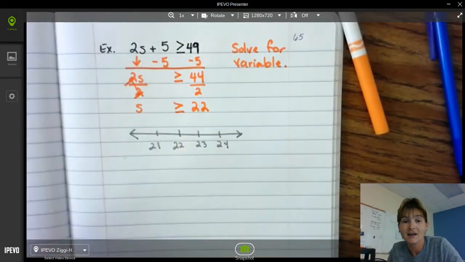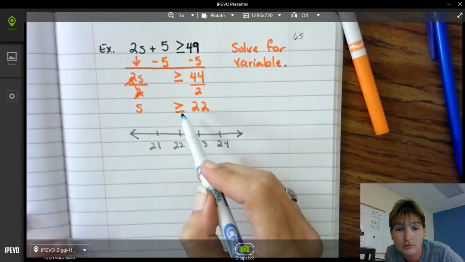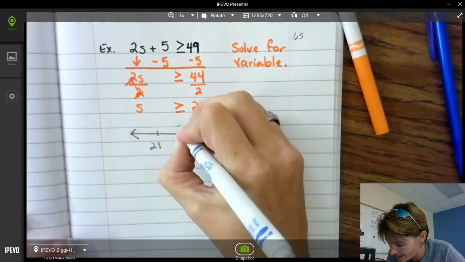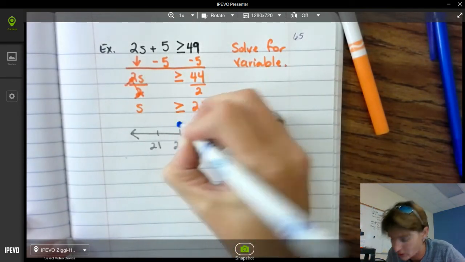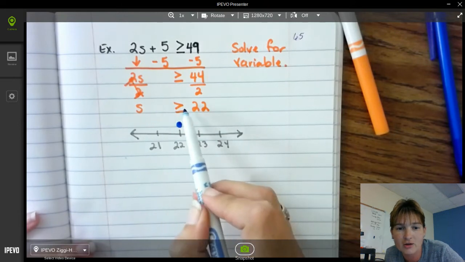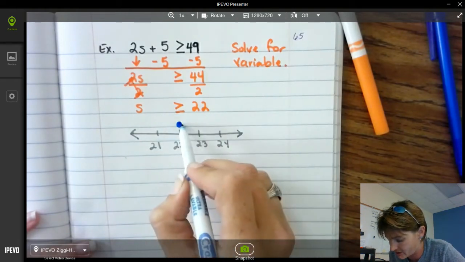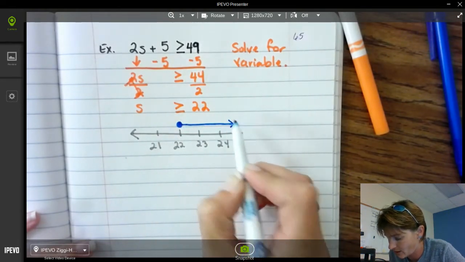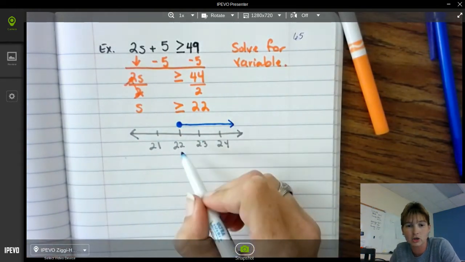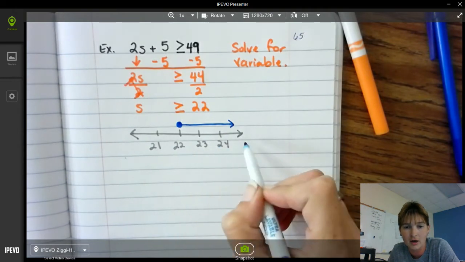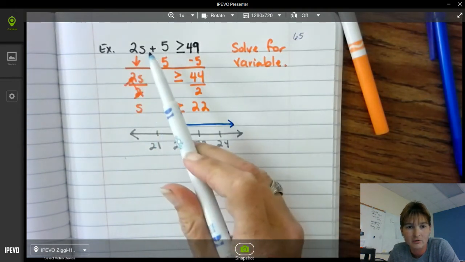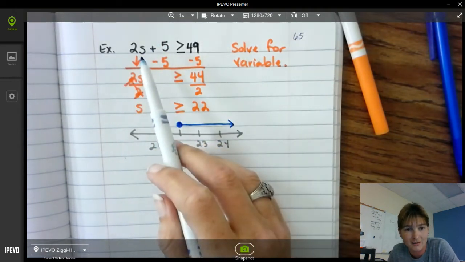So s can equal 22. At 22, we're going to put a closed circle, but s can also be greater than 22. And so this greater than gives us an arrow that goes to the right.